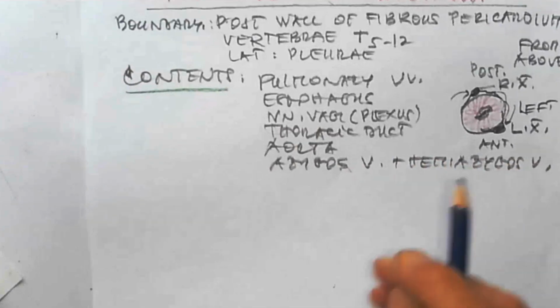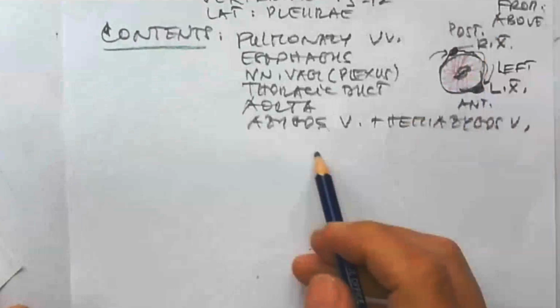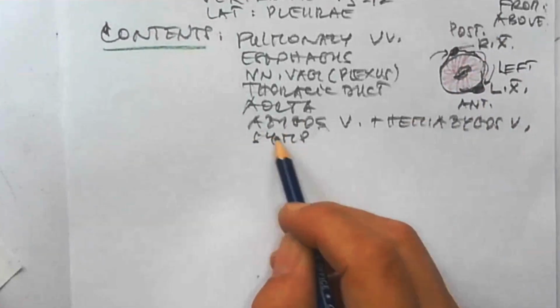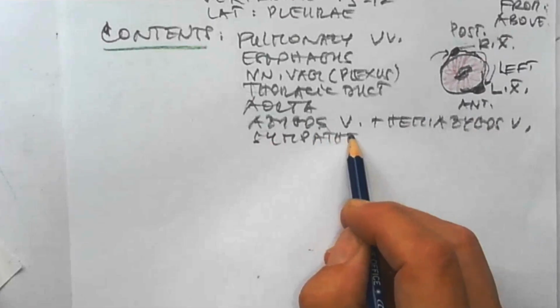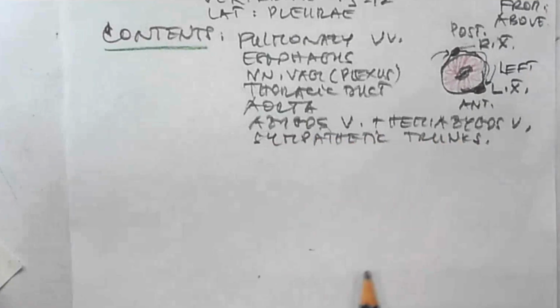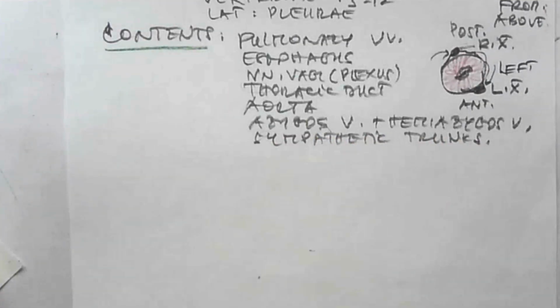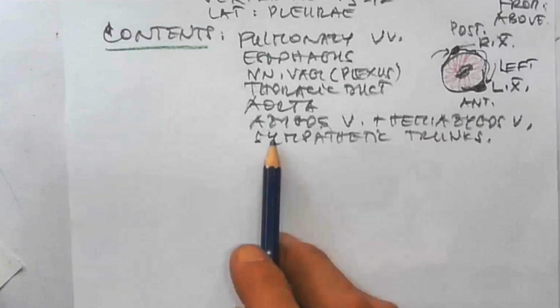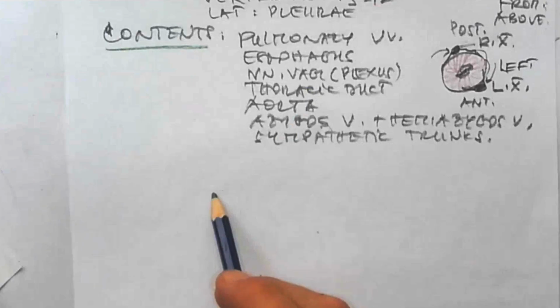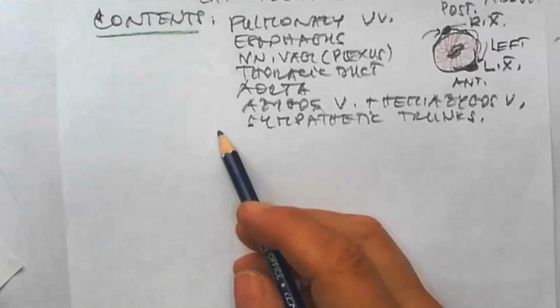What else? Then the sympathetic trunks. So we have everything, no? I mean, have we forgotten anything? No, and then we are looking at the posterior side.